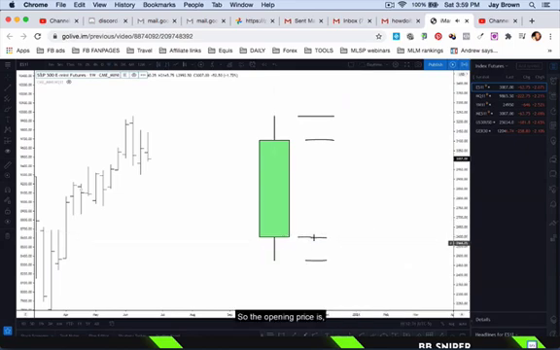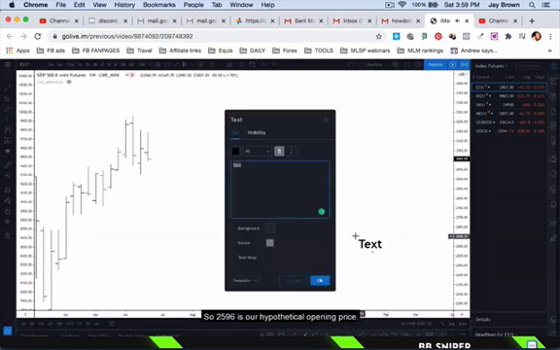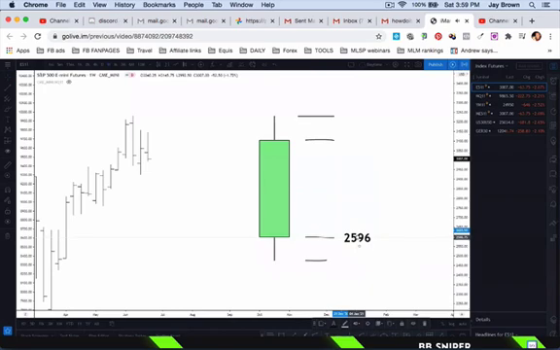Okay, so the opening price on this hypothetical candle is $25.96. Okay, let me just put that right there real quick. So $25.96 is our hypothetical opening price.